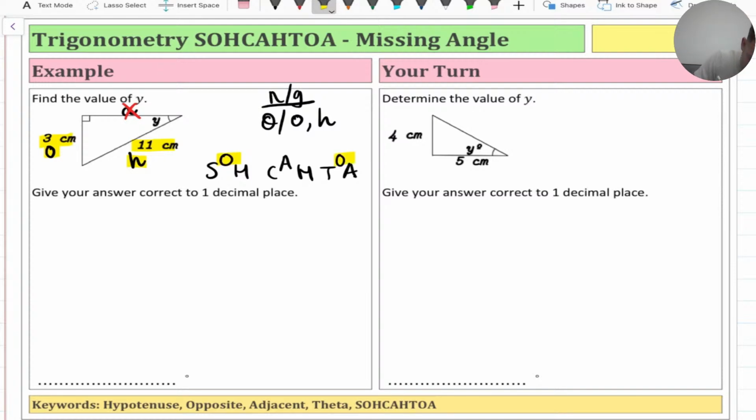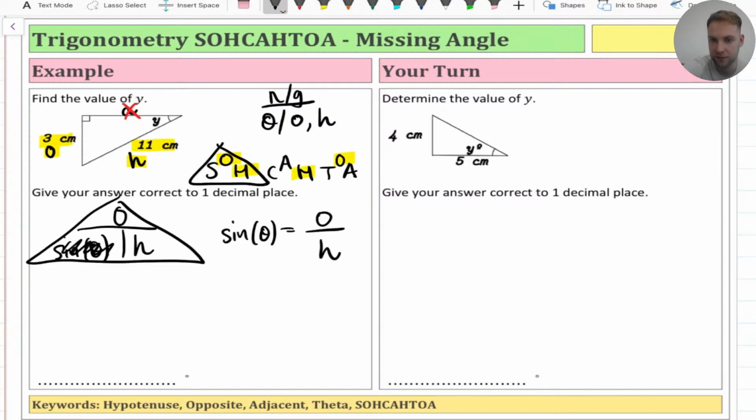So then I'm trying to find the angle. So it's going to be sine of theta is equal to opposite over hypotenuse. So I sub in what I know. So sine of theta is equal to the opposite, which is 3, over the hypotenuse, which is 11. And then to get rid of that sine, I need to use sine to the minus 1.